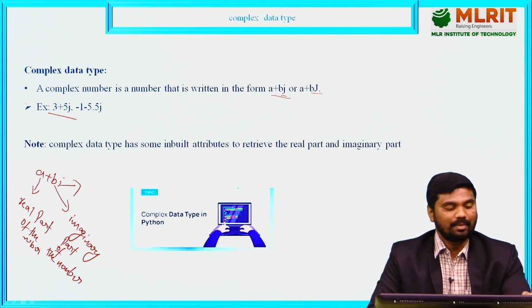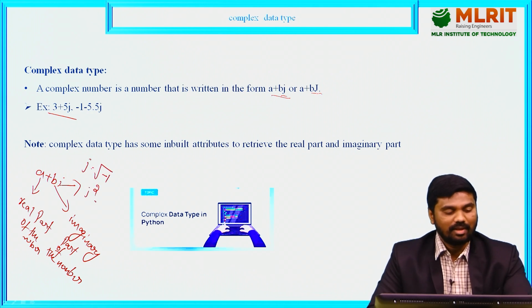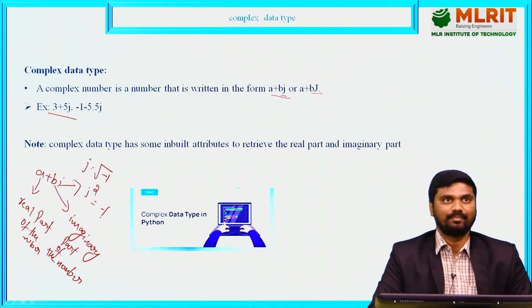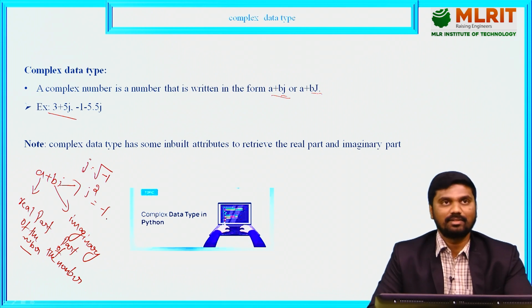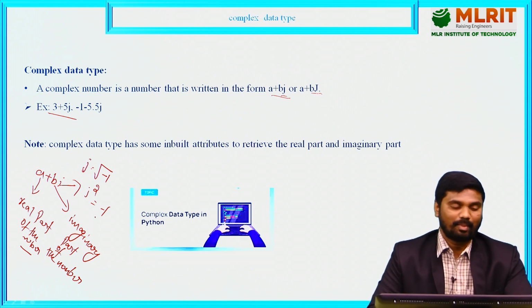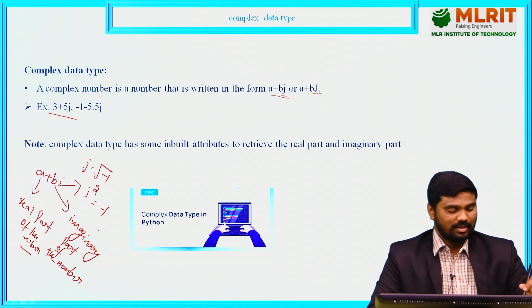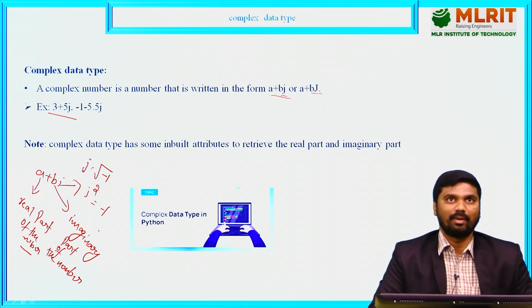And j represents the square root of minus 1, or we can say j square equals minus 1. Both are the same. So a represents what? Real part of the number, b represents imaginary part of the number, and j represents the value square root of minus 1 or j square equals minus 1. So this is the representation of the complex values.